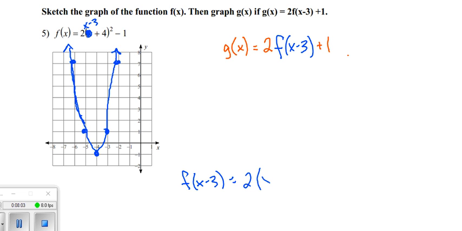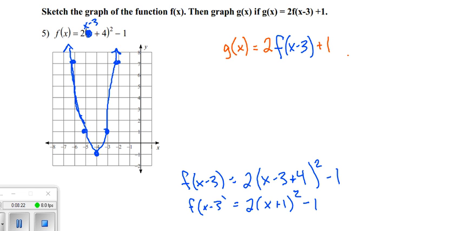I'll do that down here. X minus 3 plus 4, squared, minus 1. Okay, so look, nothing different about f of x except instead of putting an x right here, I put x minus 3. And now let's simplify a little bit. Okay. So here is f of x minus 3.